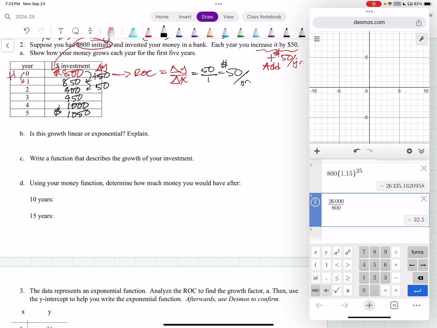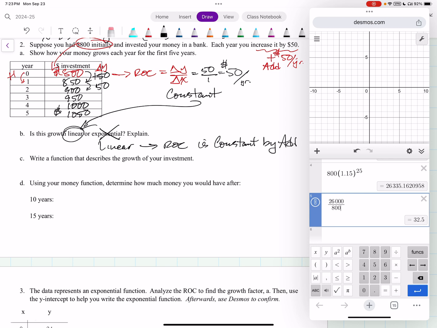Because the rate of change is constant, and you're dealing with addition, you're dealing with a linear function. Why? Because the rate of change is constant by addition. If we dealt with multiplication like we did earlier, I'd say it's probably exponential or something else.